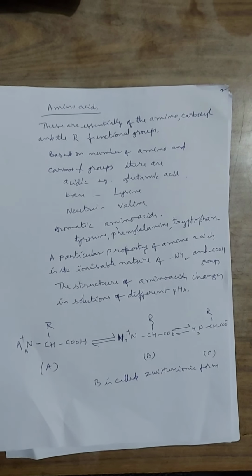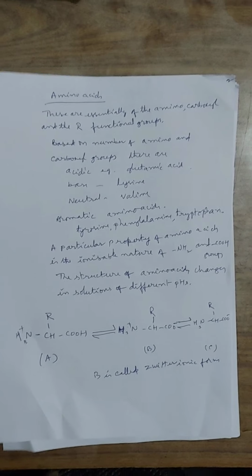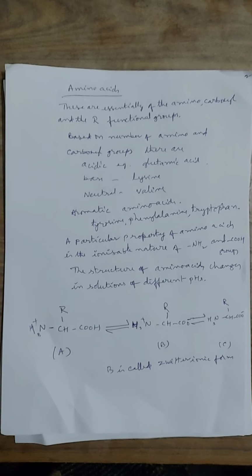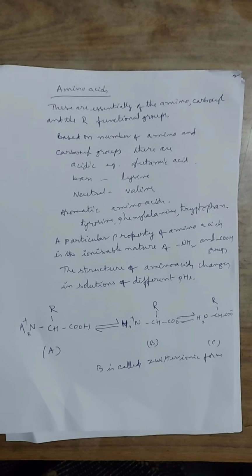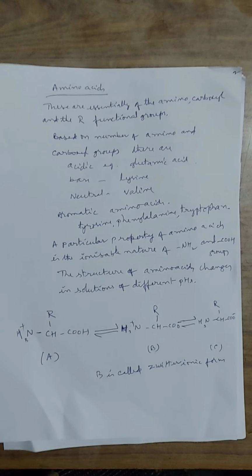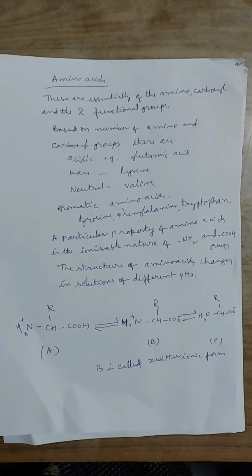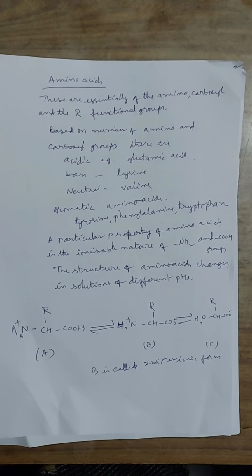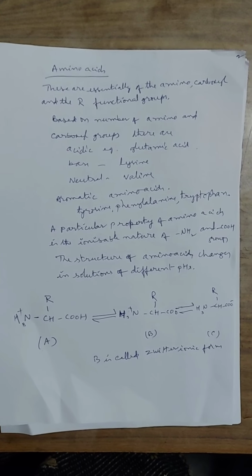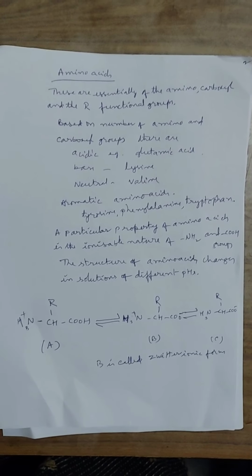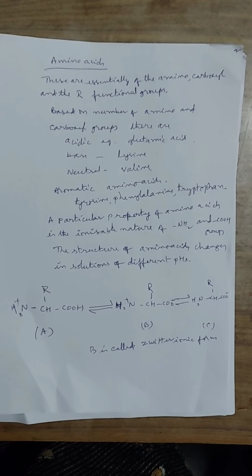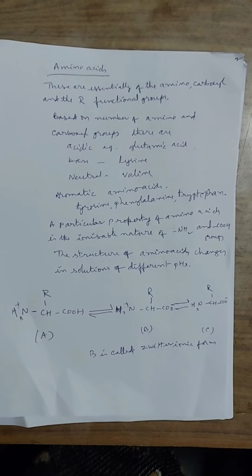See, amino acids are the units of proteins. Amino acids essentially have an amino group, a carboxyl group, and an R functional group. Amino acid has how many functional groups? Amino, carboxyl, and R functional groups.